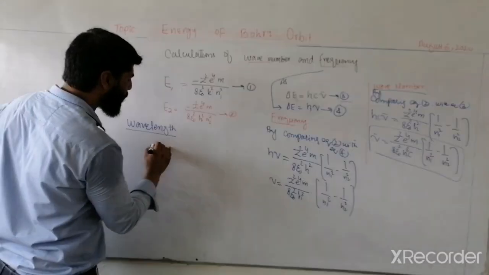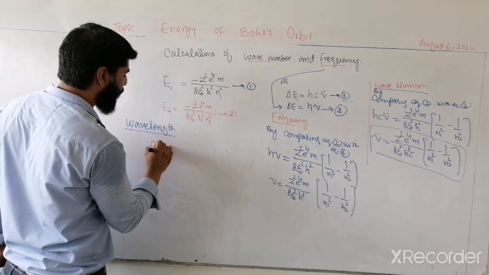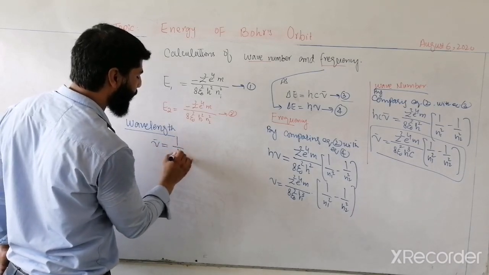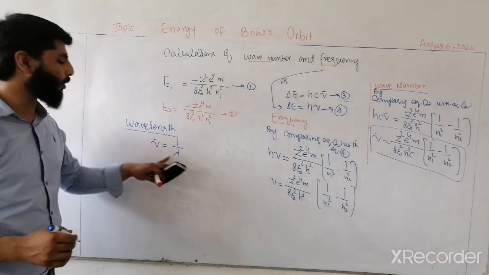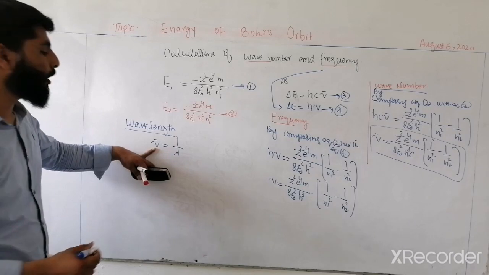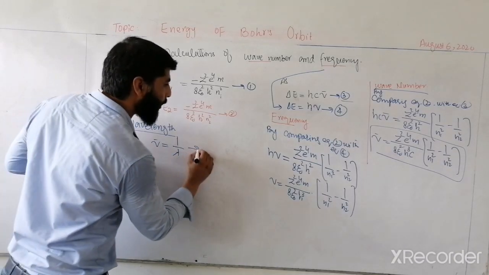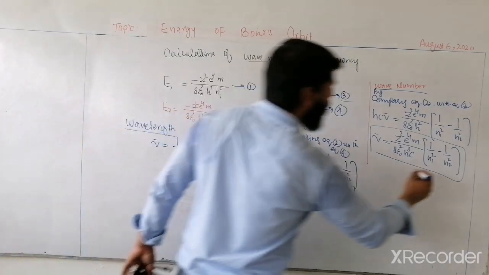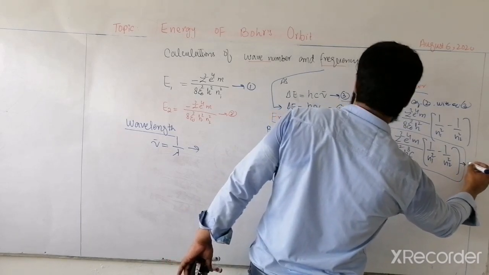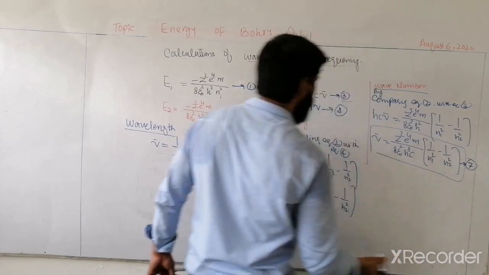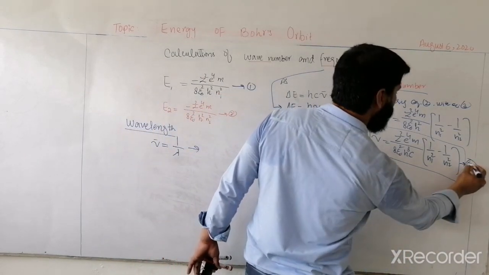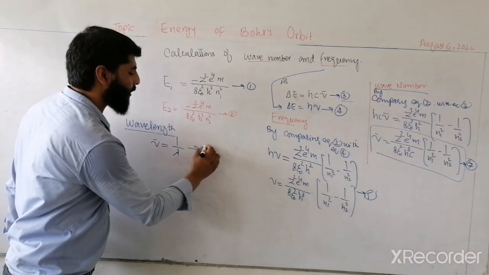According to Planck's quantum theory, nu bar is equal to 1 upon lambda. Nu bar is the reciprocal of wavelength. The reciprocal of wavelength is also known as wave number. So this will be equation 5, this will be 6, this will be 7.